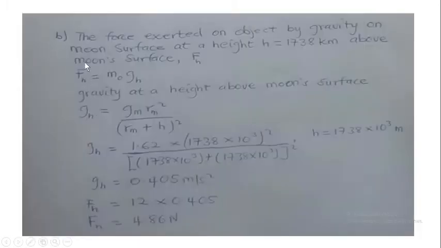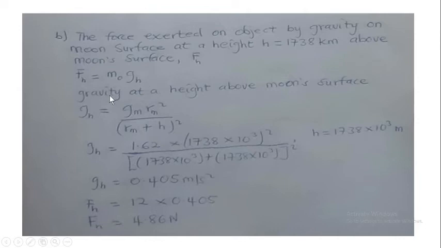Now the second part of the question says we should calculate the force exerted on an object by gravity on the Moon's surface at a height h equals 1,738 kilometers above the Moon's surface. Now we know Fh, that's the force at that height, to be equal to the mass of the object times the gravity at that height.